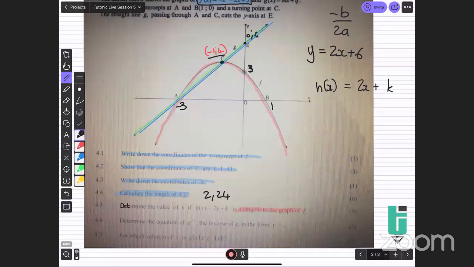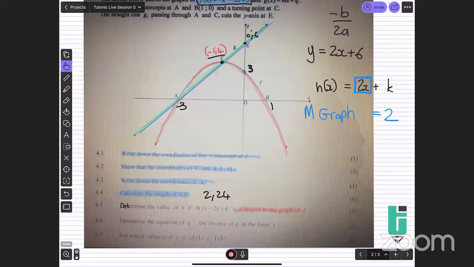So the gradient of the graph at the point of contact, if they give you the tangent, is 2, because the gradient of the tangent is 2. So the gradient of the graph is 2 at that point.